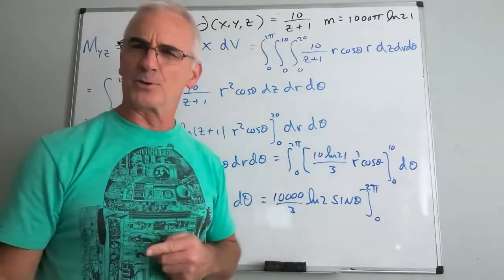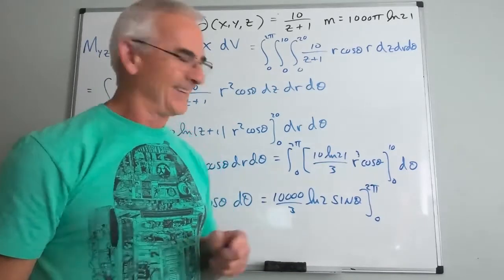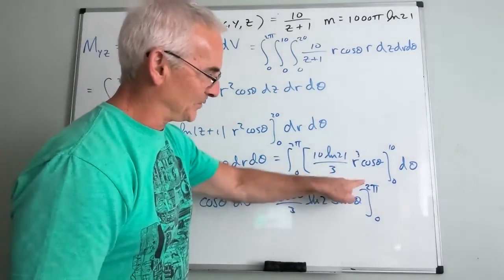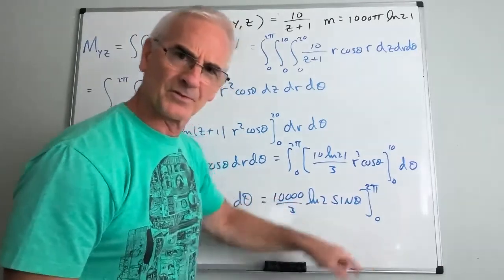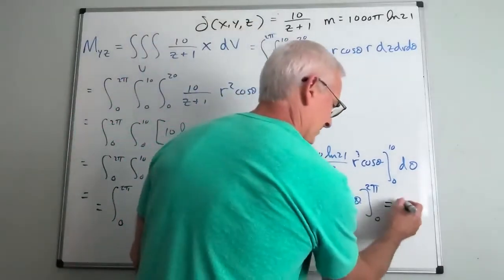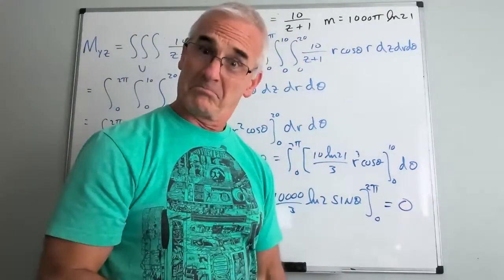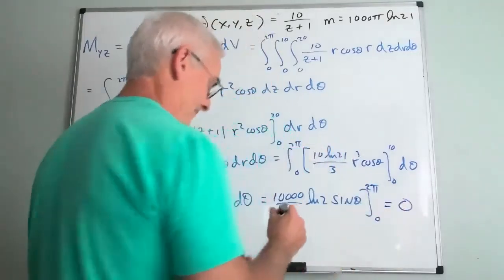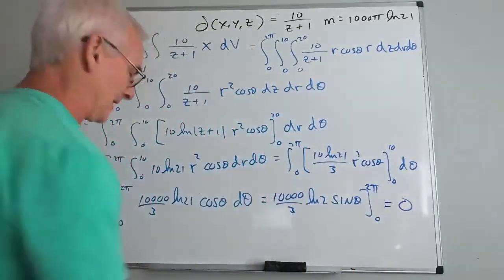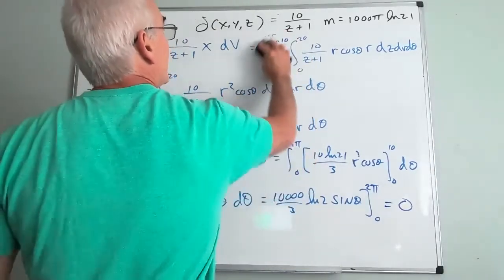Sine of theta from 0 to 2 pi? Well, sine of 2 pi is 0. Sine of 0 is 0. So that answer is 0? I guess that's what we get. We'll make sense of it later.